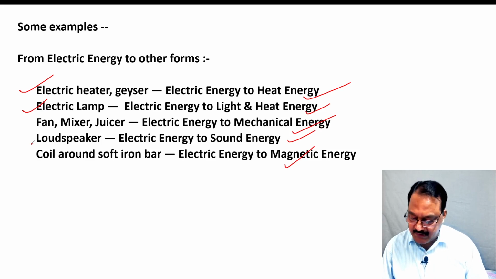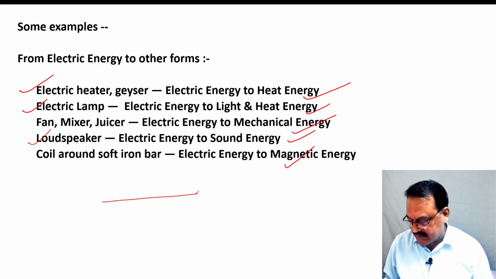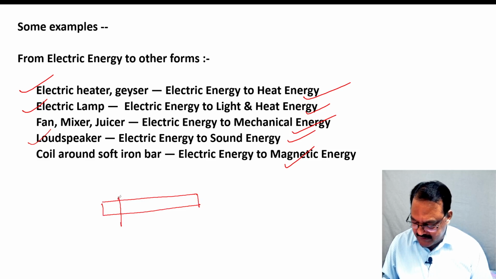Next example, in the case of a loudspeaker, we provide electric energy to the system and sound energy is produced. It means electric energy is converted into sound energy. And next, let us suppose there is one soft iron bar, and around this bar one coil is installed like this.